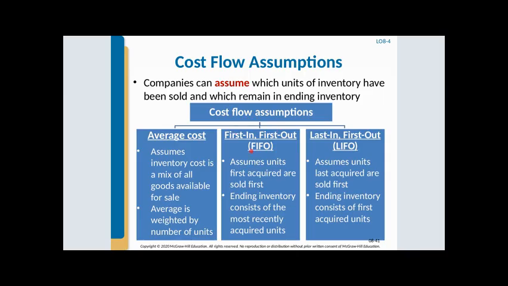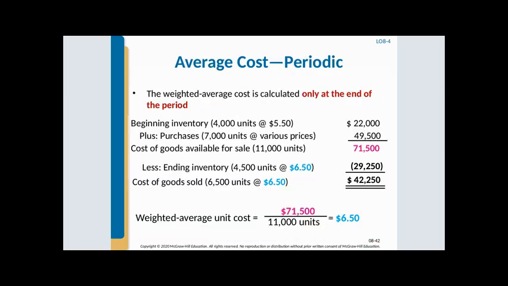Merchants always want to sell the oldest inventory, because the longer it stays in their warehouse, the greater the likelihood that it will be damaged, outdated, obsolete, etc. Last in, first out is saying we're going to be selling the latest purchases. Maybe in the fashion industry, that will make more sense.